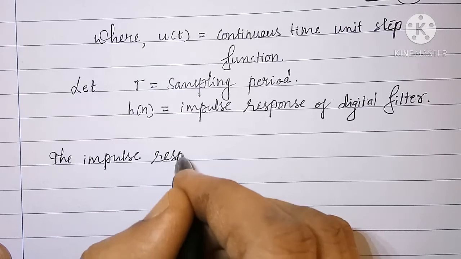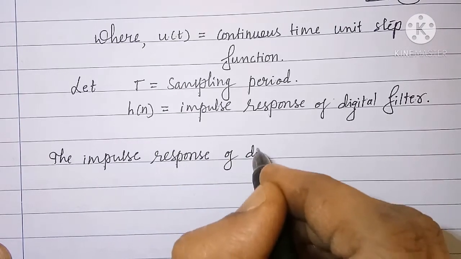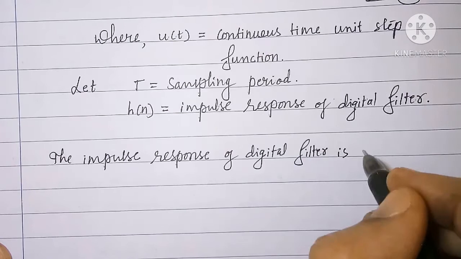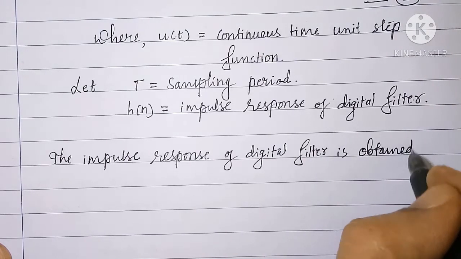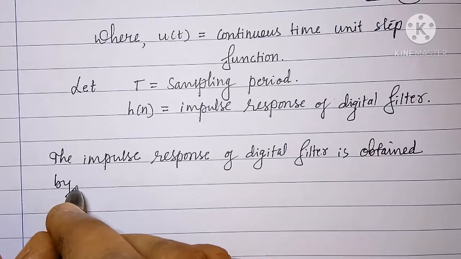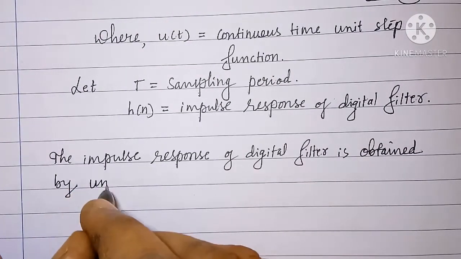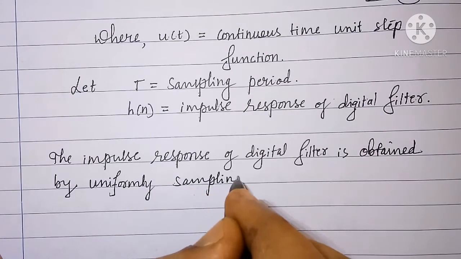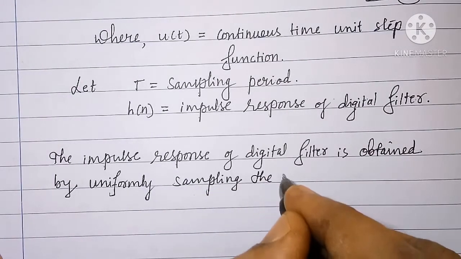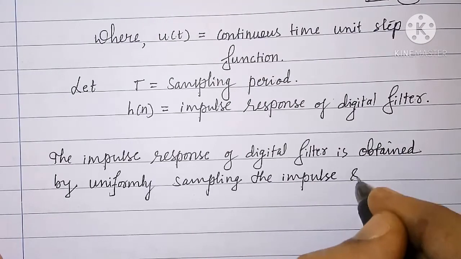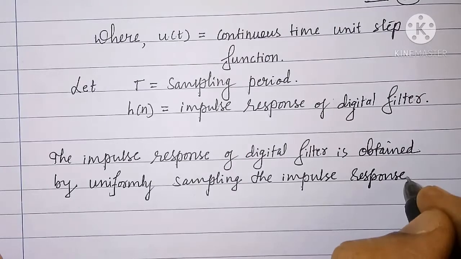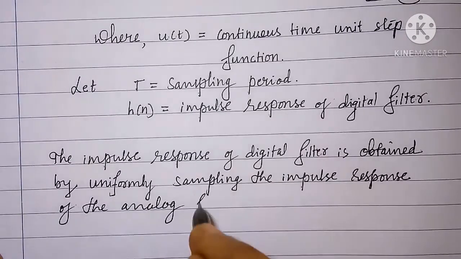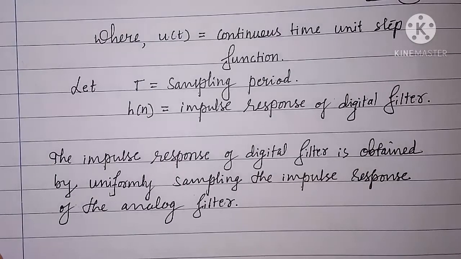The impulse response of digital filter is obtained by uniformly sampling the impulse response of the analog filter.